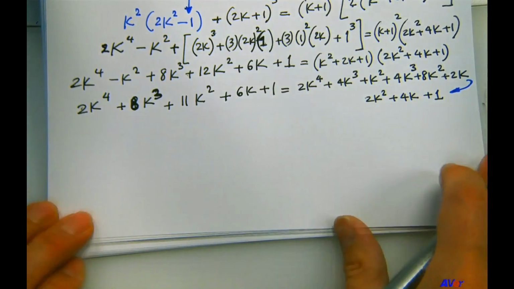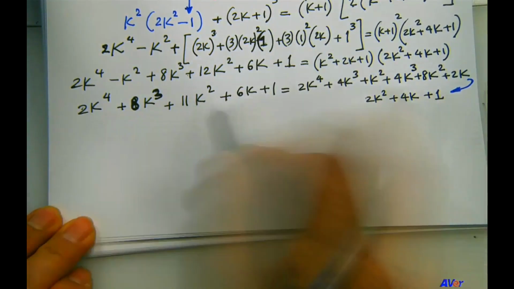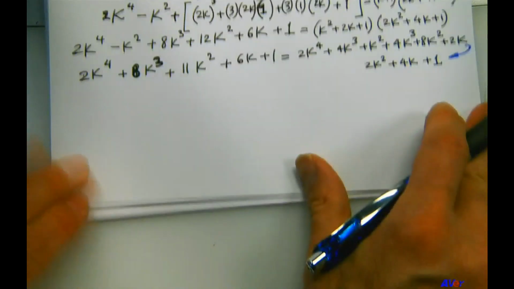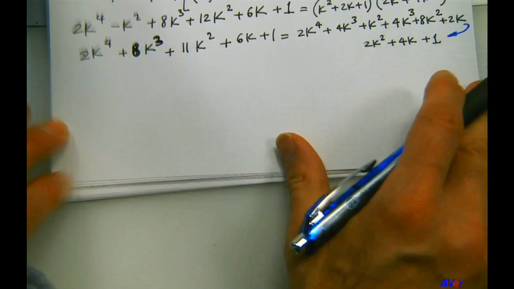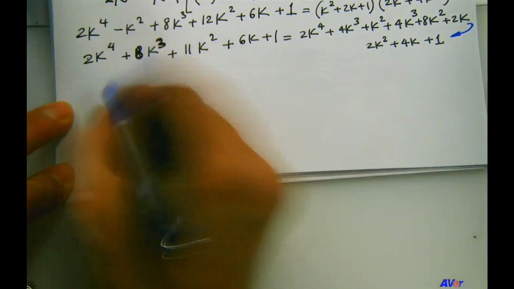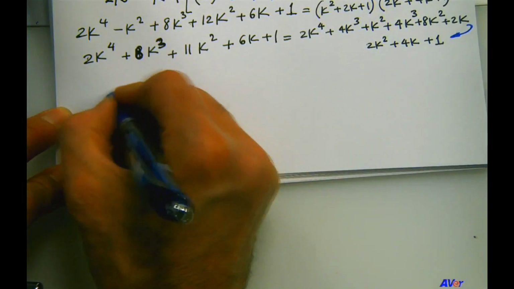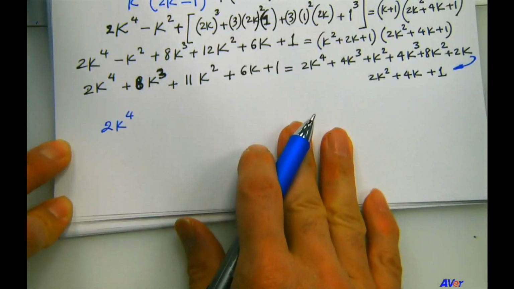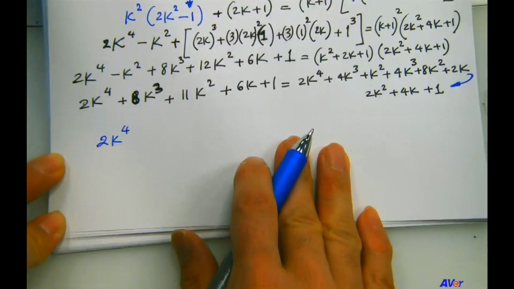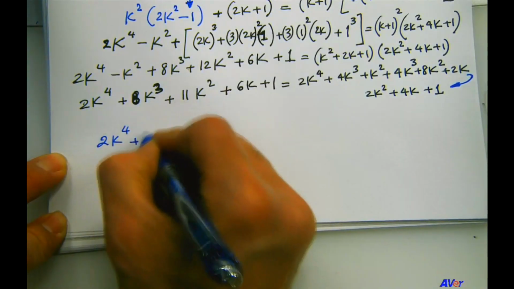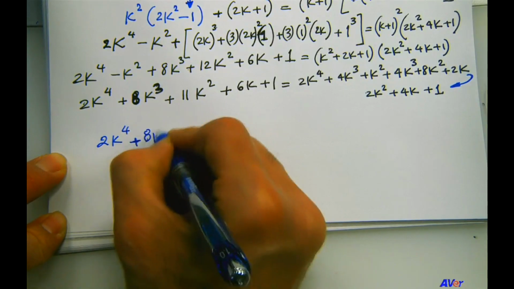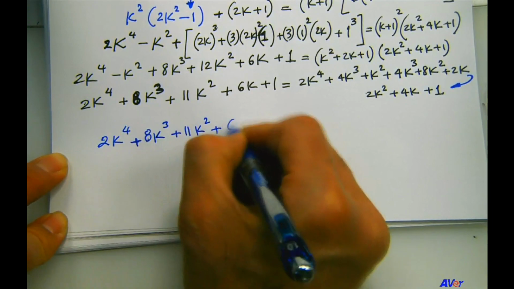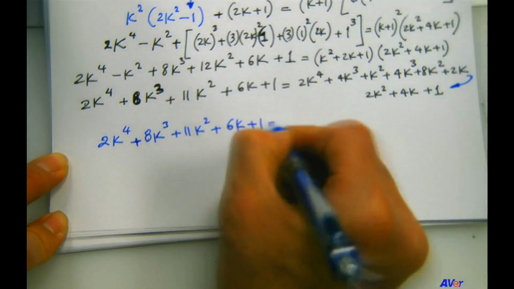Okay, so let's simplify. The left-hand side is already simplified, right? So let's do the same thing for the right-hand side and see if we have the same thing. So on the left, let me rewrite this. We have 2k to the 4th plus 8k cubed plus 11k squared plus 6k plus 1 equals.